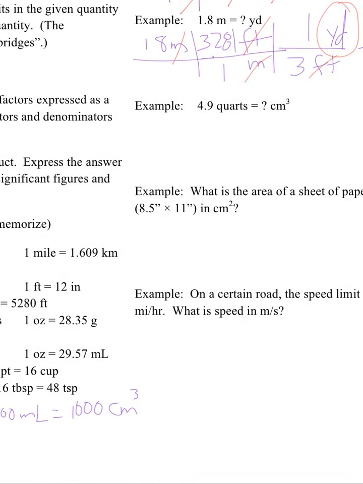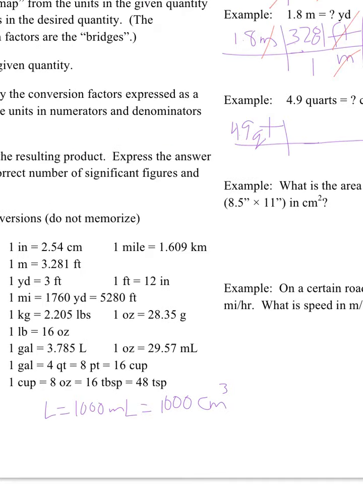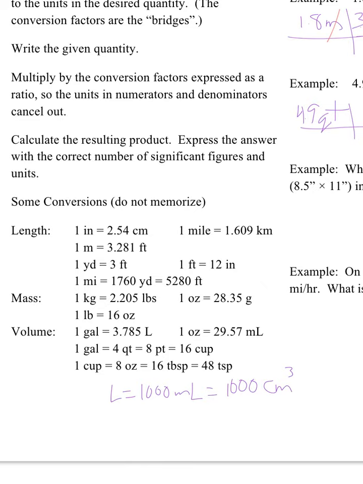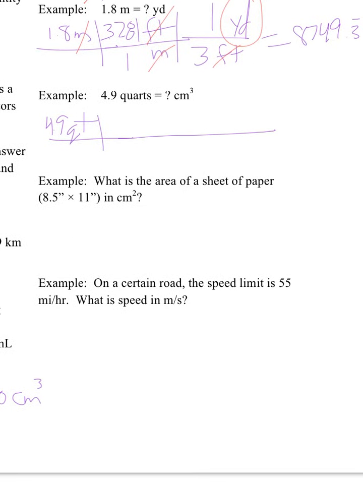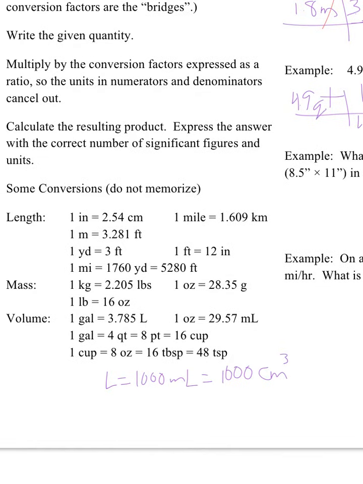So I'm going to go back over here, see if I can remember it now. So I have 4.9 quarts, write down the thing that they give me. Okay, and now let's look at my relationships again. 4 quarts in 1 gallon. And 1 gallon is 3.785 liters. Oops, there's our bell.